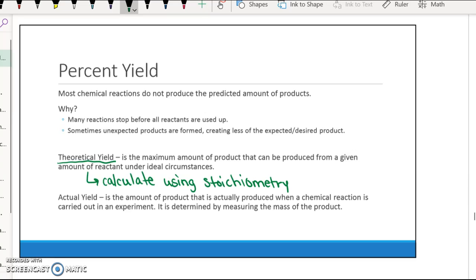And then the other part that goes into the percent yield equation is the actual yield. The actual yield is the amount of product that is actually produced when you carry out the experiment. So this is what you actually get when doing the lab.